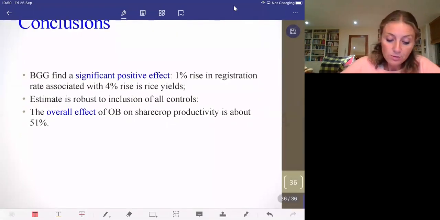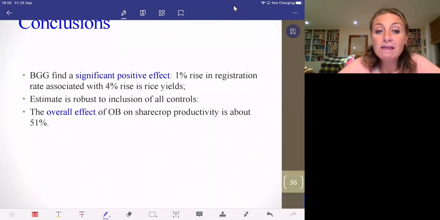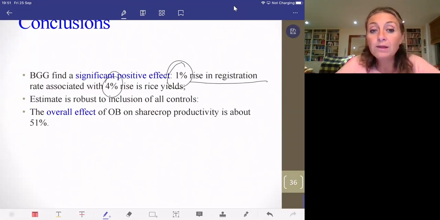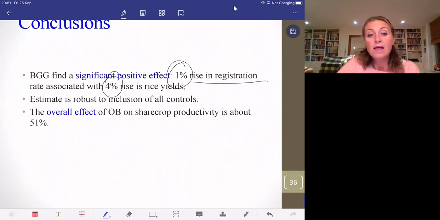What do they conclude? In the paper, they conclude that they find a significant positive effect. A 1% rise in the registration rate is associated with a 4% increase in rice yields.